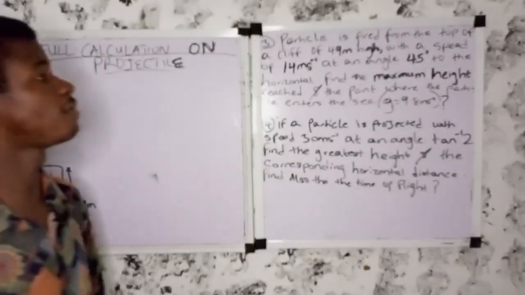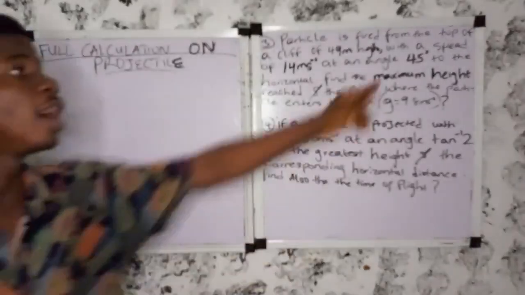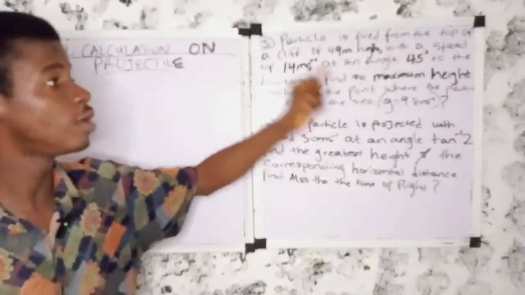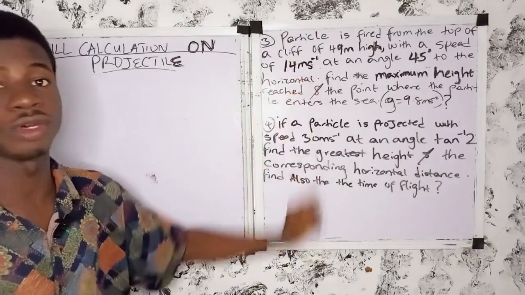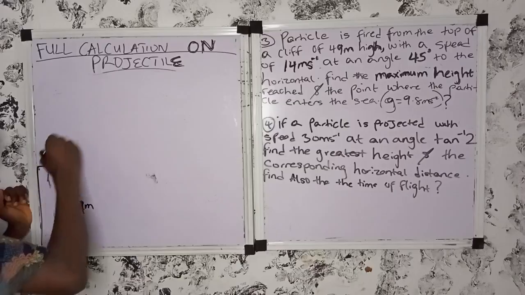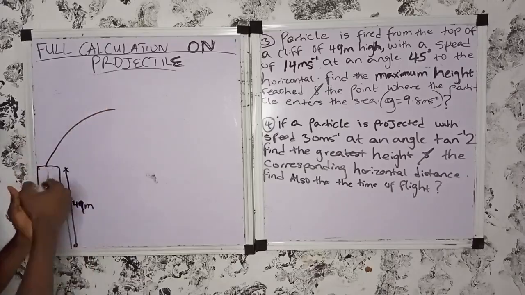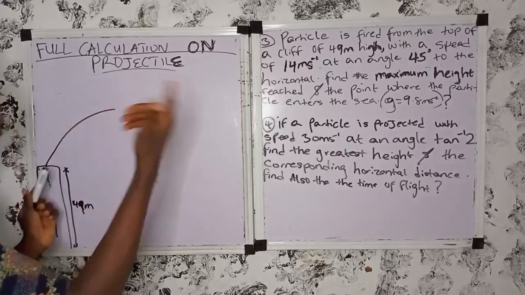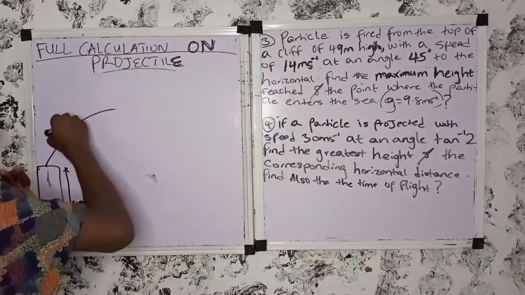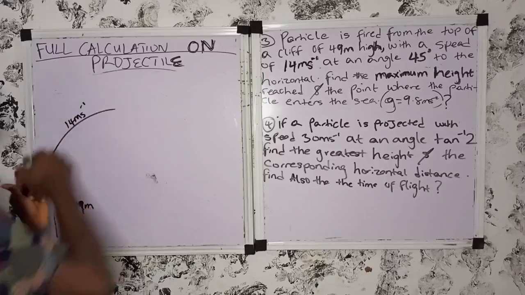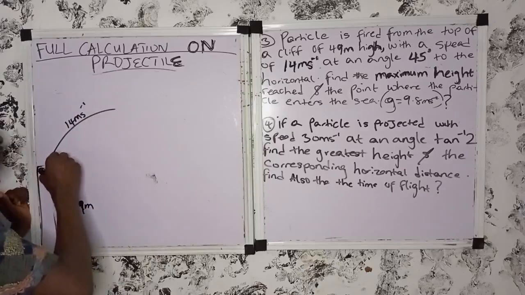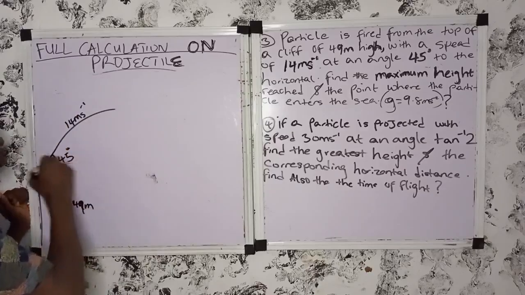The particle is fired from the top of a cliff of 49 meters with a speed of 40 meters per second at an angle of 45 degrees to the horizontal. Okay, so let's say this is the speed, 40 meters per second, at an angle of 45 degrees to the horizontal.